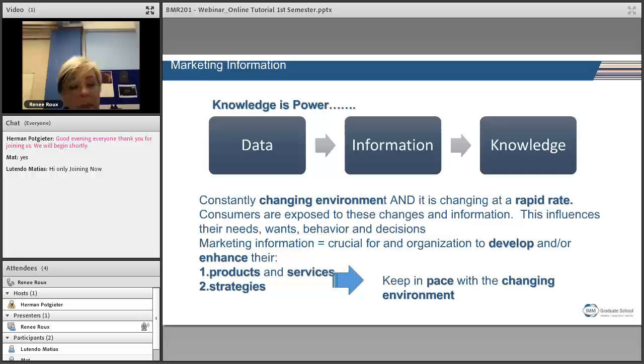It will also help them with developing or fine-tuning or changing or enhancing their strategies. And it means that they will keep pace with the changing environment. What's changing out there, how it impacts on their customers, potential consumers, and they can adapt accordingly.